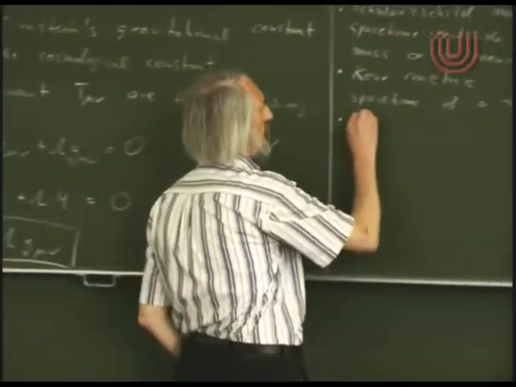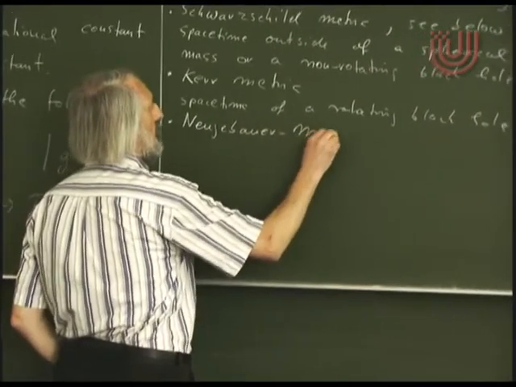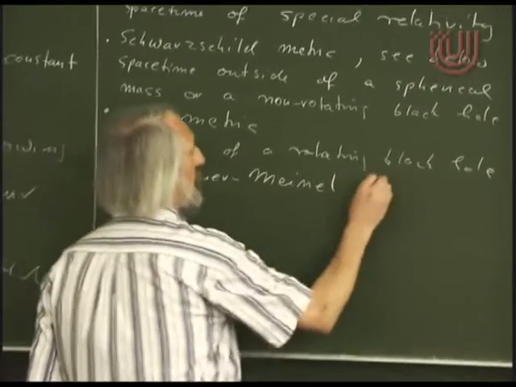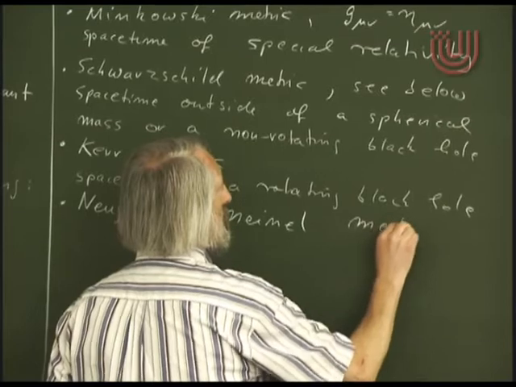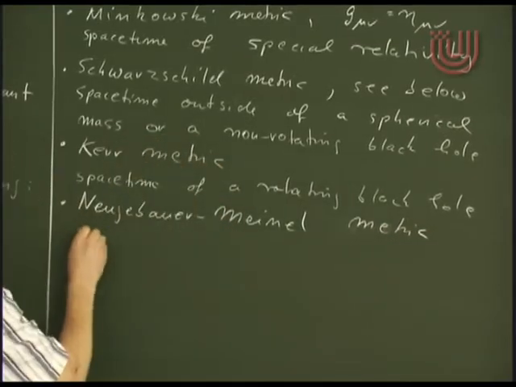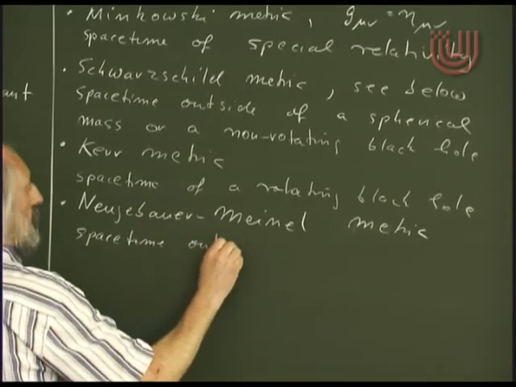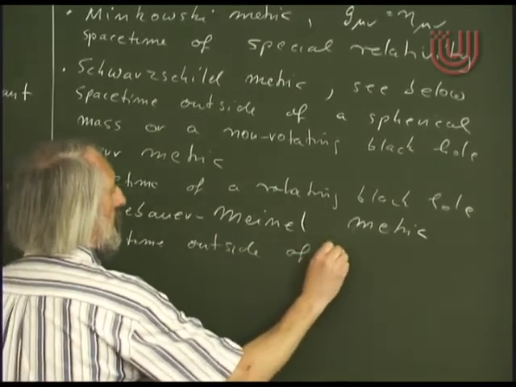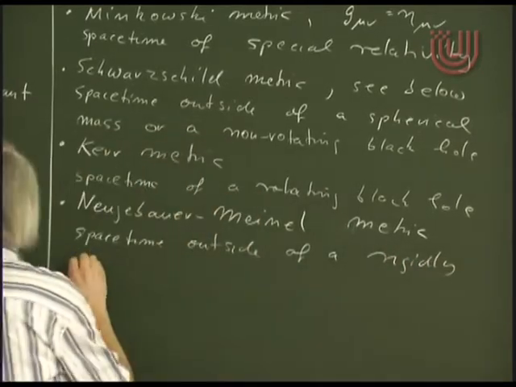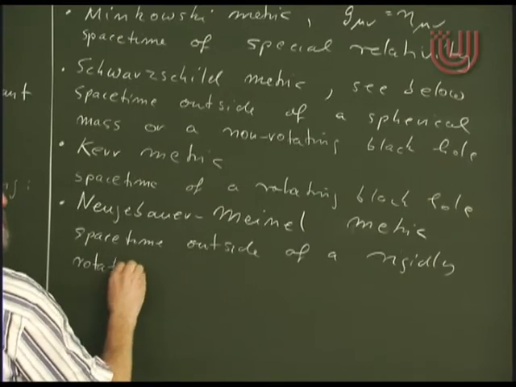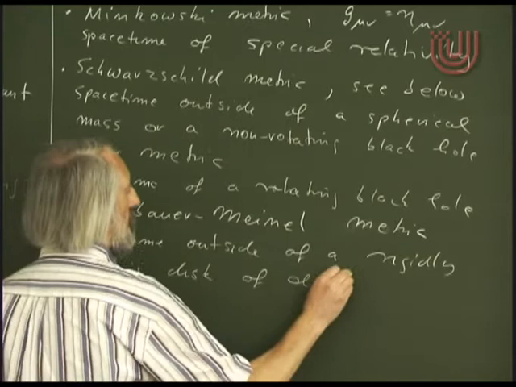So let me write the Neugebauer-Meinel space-time or metric. This is the space-time outside of a rigidly rotating disk of dust.